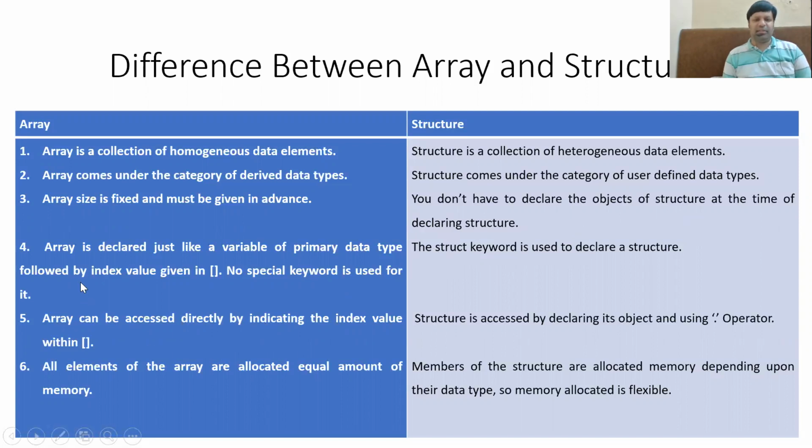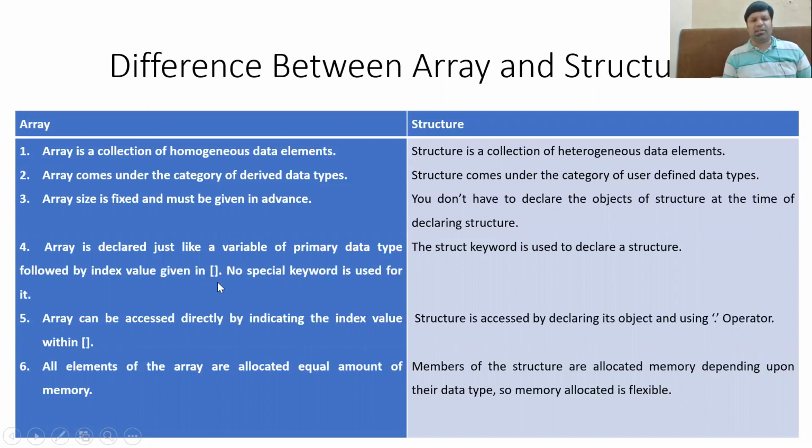The fourth difference is that the array is declared using the simple procedure, that is the data type and then the name of the array, followed by the size of the array which is given inside the square brackets.